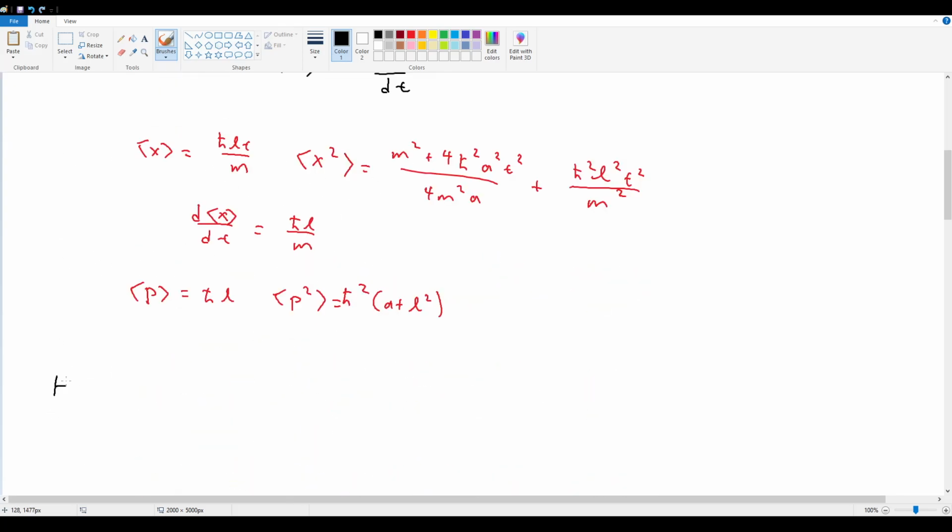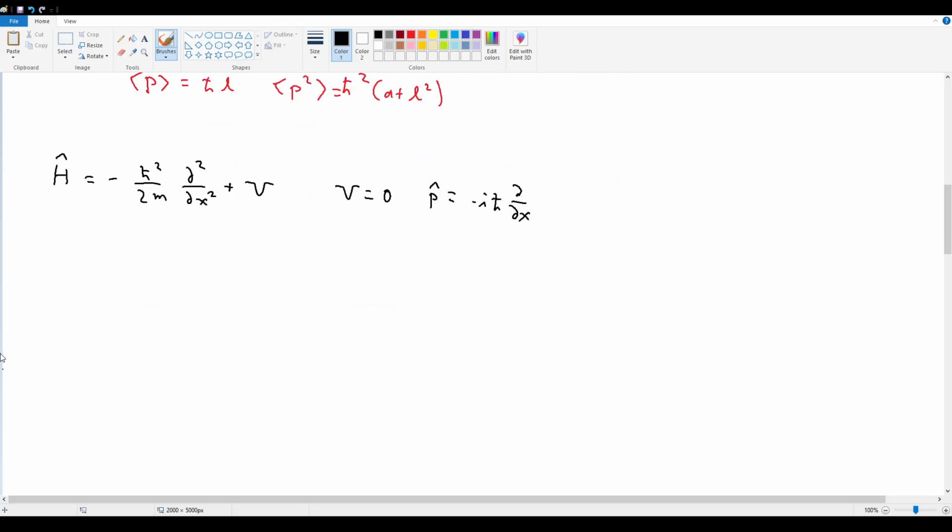So we know that H hat is equal to negative h bar squared over 2m times the second partial derivative with respect to x, plus V. In this case, V is just equal to 0, and we know that p hat can be defined as negative i h bar d by dx, right? So if we rewrite the Hamiltonian in terms of p, then the expectation value of H is going to be equal to 1 over 2m multiplied by the expectation of p squared, and we can just plug that in. This is just equal to h bar squared times (a plus l squared) divided by 2m.